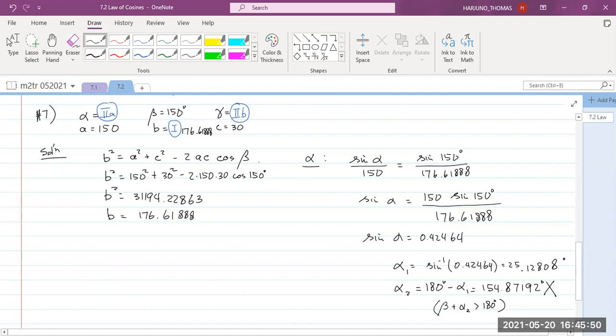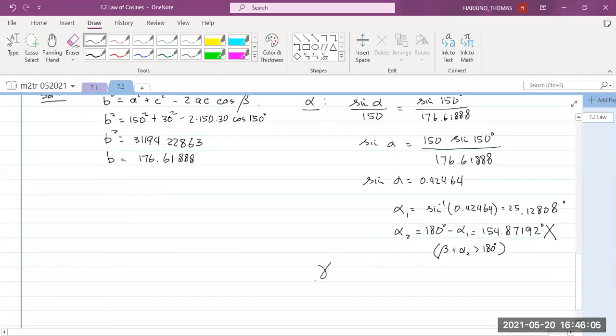Okay, so angle alpha will only have one option, that is 25.12808 degrees. I believe you can find angle gamma yourself from here.